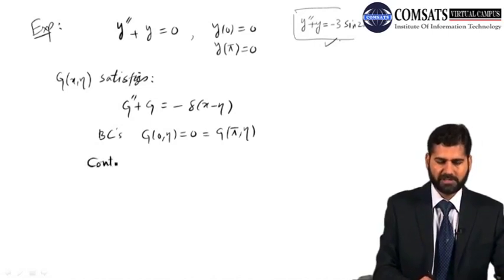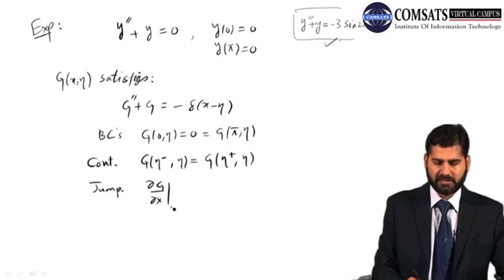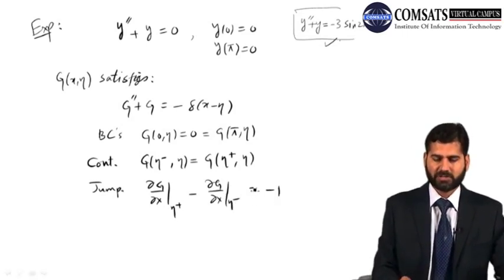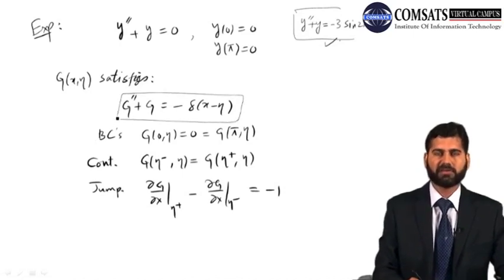Then we have a continuity condition that g of eta minus should be the same as g of eta plus. Right? When x is eta minus and x is eta plus, the difference has to be equal to 0. And the jump condition was that partial g by partial x at eta plus minus partial g by partial x at eta minus has to be equal to negative 1. Alright? So these are all conditions which will be satisfied by the Green's function.